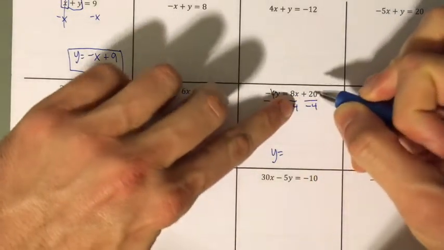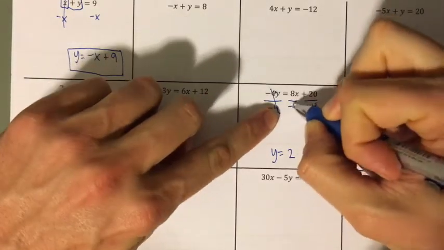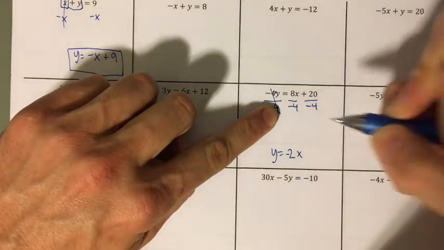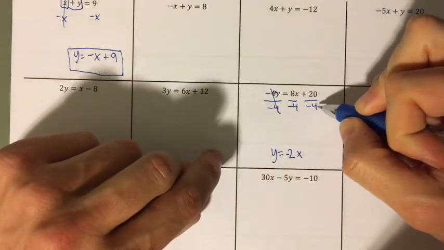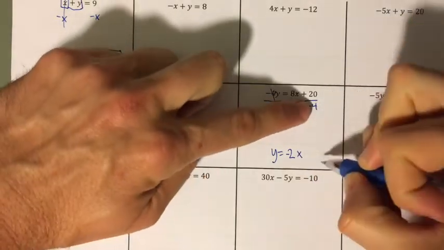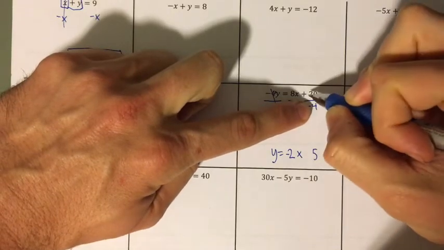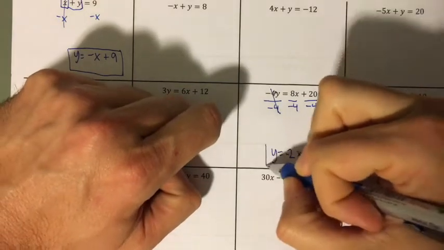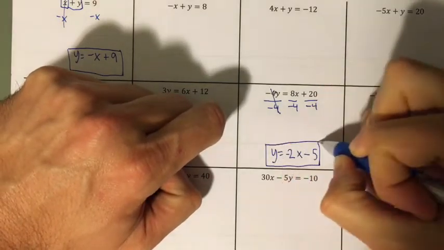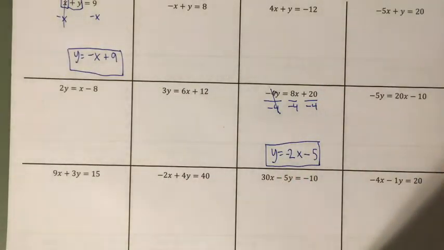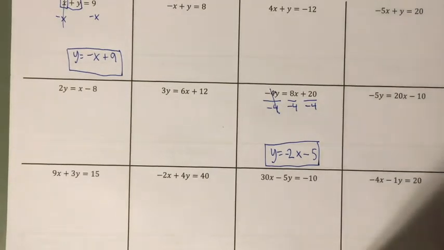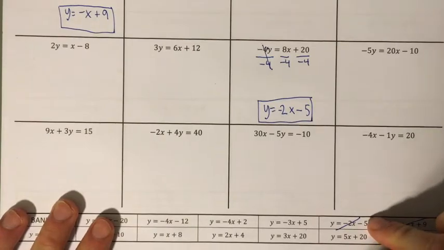So 8 divided by 4 is 2, the negative comes down, and then that's just a 2x. 20 divided by negative 4, so 20 divided by 4 is 5, and then a positive divided by negative is just going to stay negative. That is it. So again, you would just look at the bank, cross out what we know.